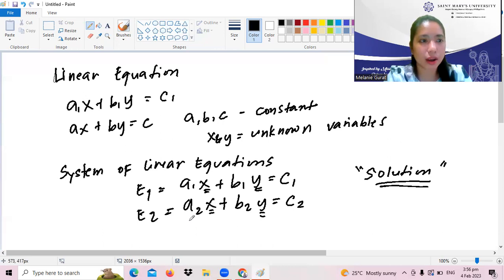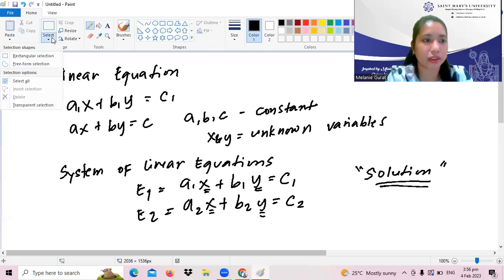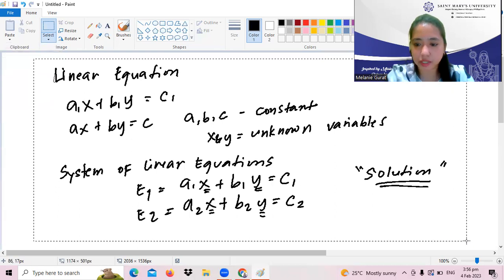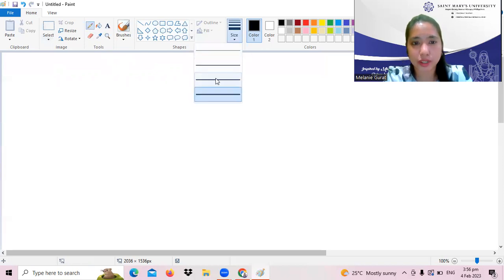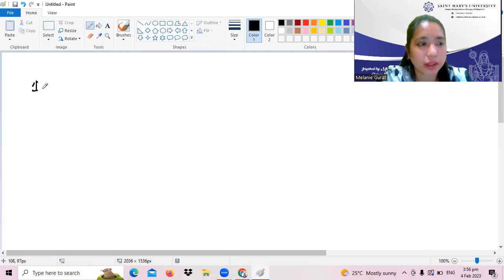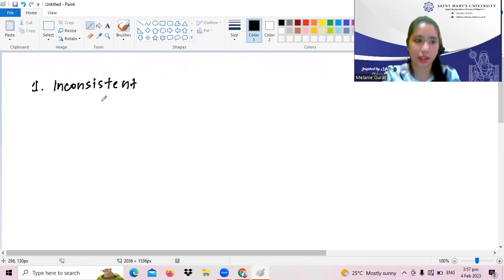Now, to have a better view of this, let's have an example. Let's remove this first. Let's consider the different types of equations. Let's have number 1. Let's understand what is the so-called inconsistent type of equation.